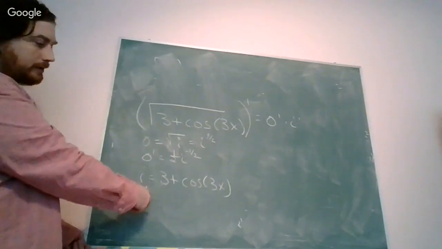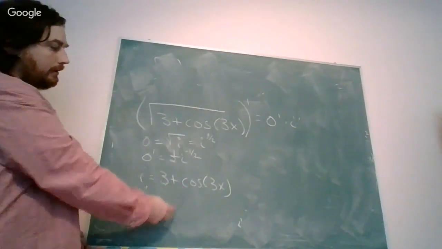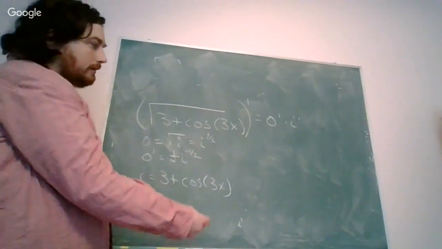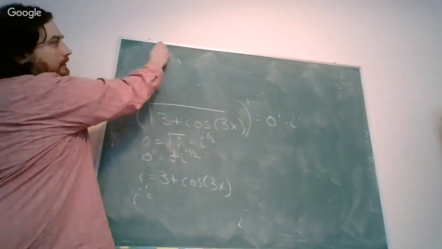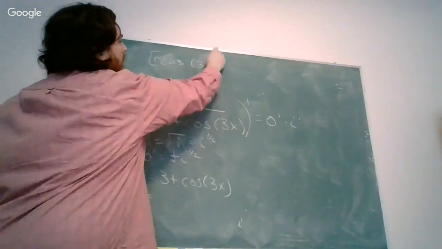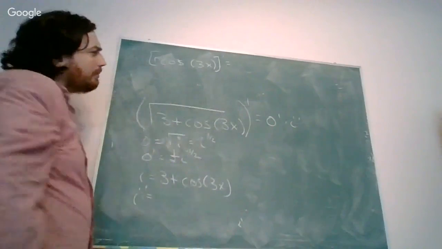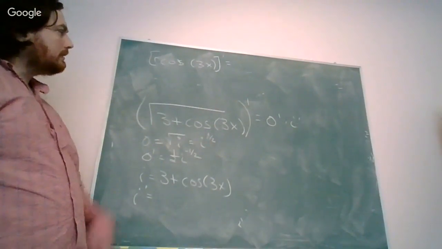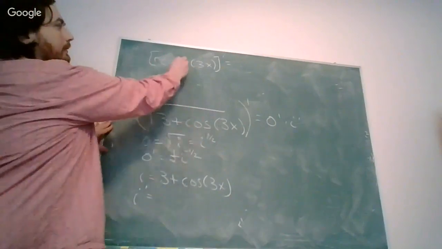Well, the derivative of 3 is just 0, so what I really need to do now is find the derivative of cosine of 3x. Actually, what I would do here is go off to the side and say the derivative of cosine of 3x is more complicated than just your average derivative. I can't just guess the answer. Some of you may be able to, and if you can, that's great.